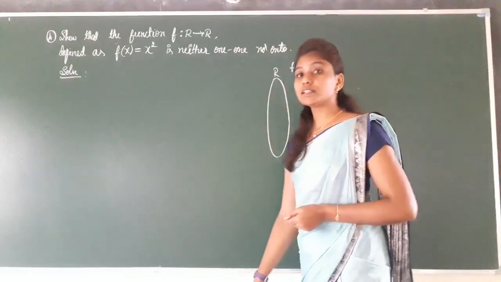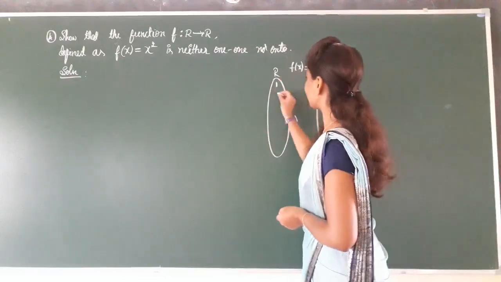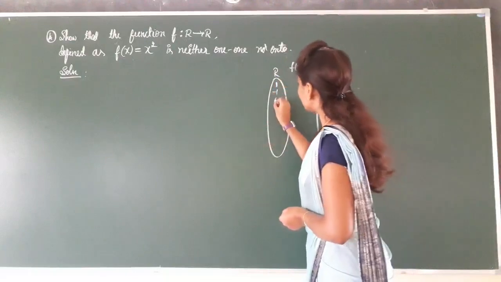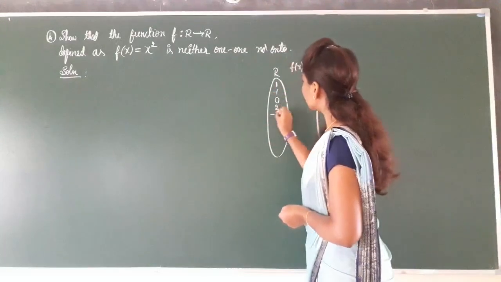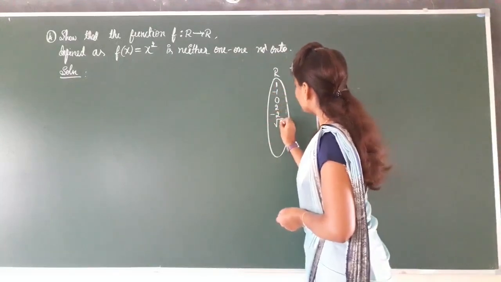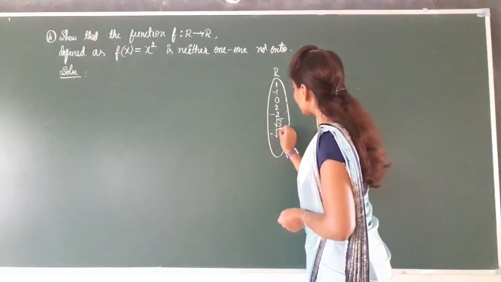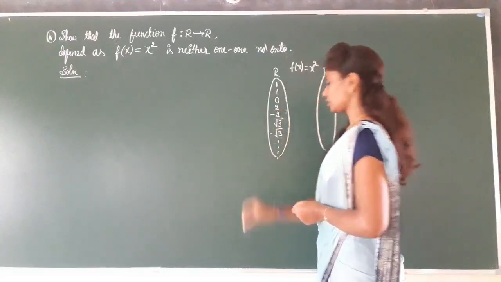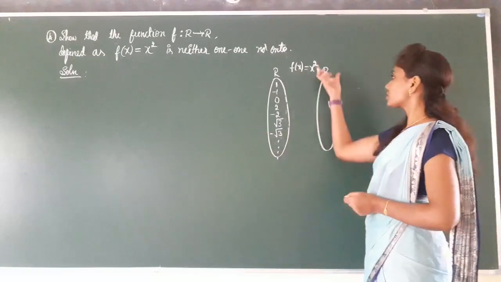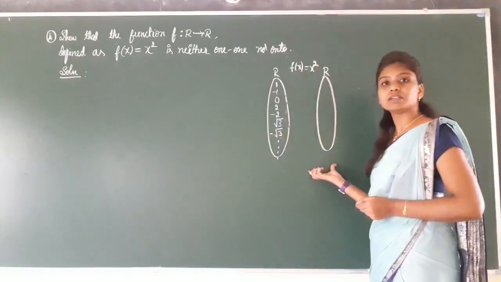The real numbers contain the elements plus 1, minus 1, 0, plus 2, minus 2, root 3, minus root 3 and so on. This is also the set of all real numbers.